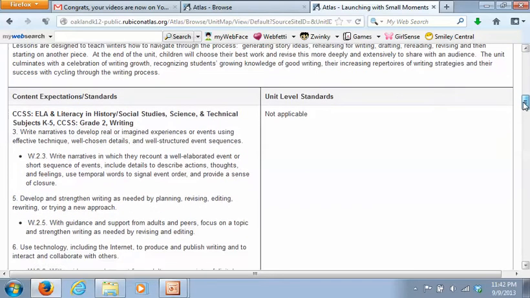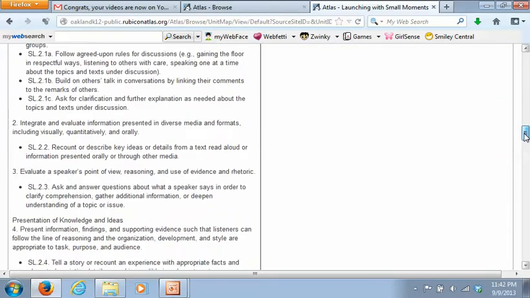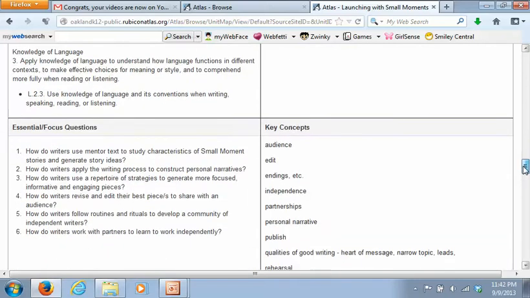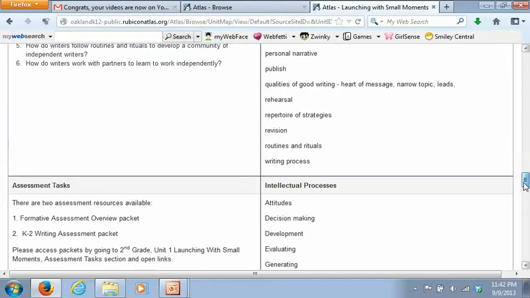You have the Common Core standards that are addressed and the depth at which they're addressed through this unit. You have essential questions that are also exemplified in that graphic organizer, and these essential questions really framed the work through the backwards design model to create the lessons themselves within this unit.